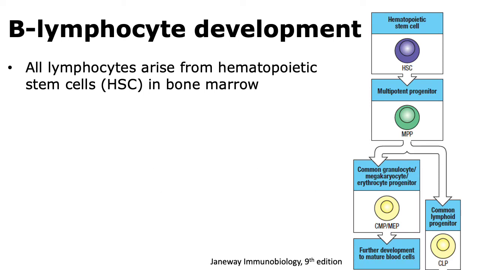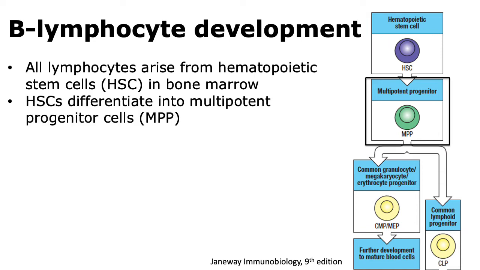All lymphocytes, as I told you before, arise from hematopoietic stem cells, and that is what is shown in the black box in the figure to the right. These hematopoietic stem cells are able to differentiate into another type of progenitor cell called the multipotent progenitor cells, or MPP.